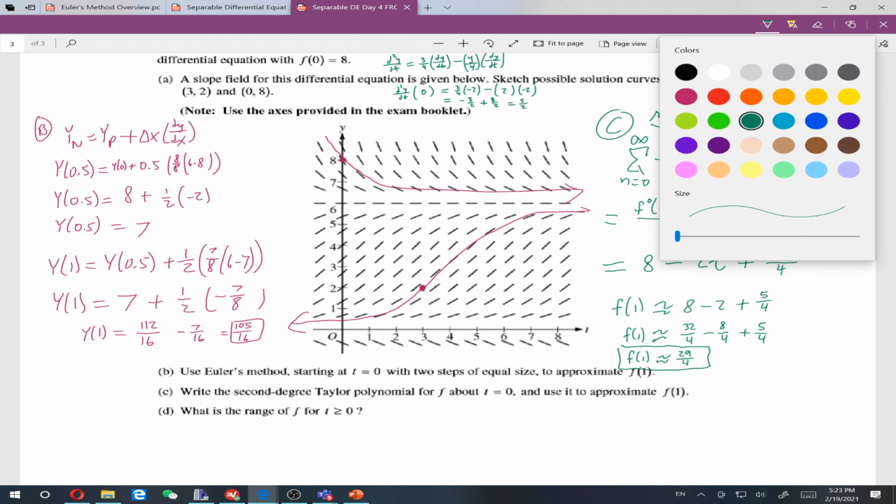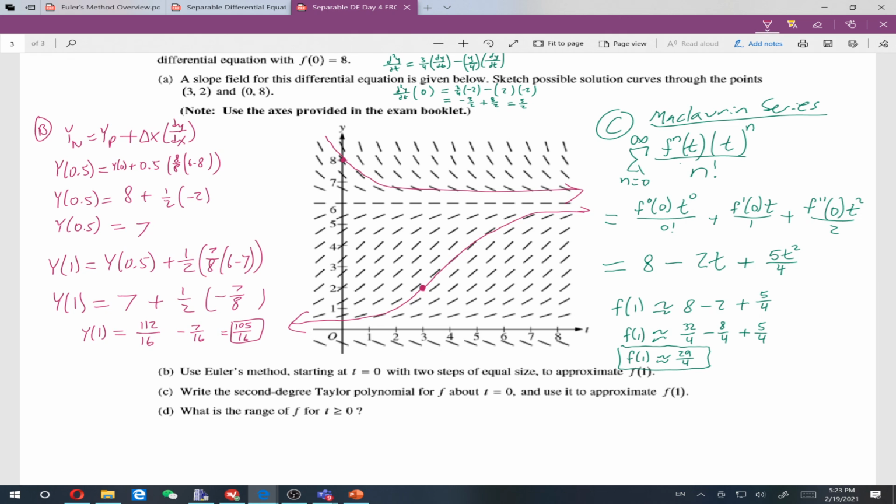For 105 over 16, it's 6.5625. Kelly, how much is 29/4? 7.25. 7.25, okay.